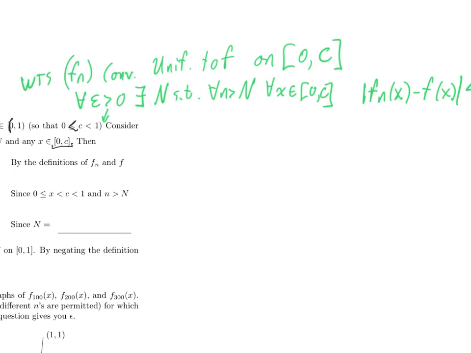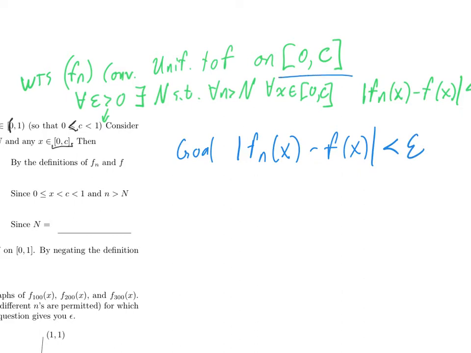So again, some scratch work off to the side. The goal is eventually that f sub n of x minus f of x is less than epsilon. Well, I'm definitely avoiding x equal to 1, because x is just going to be in [0, c], and 1 is not less than or equal to c, because c is less than 1.